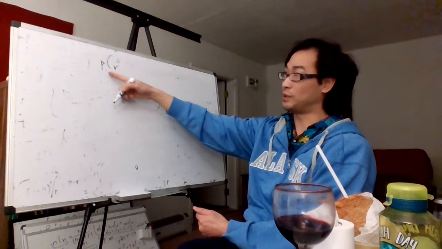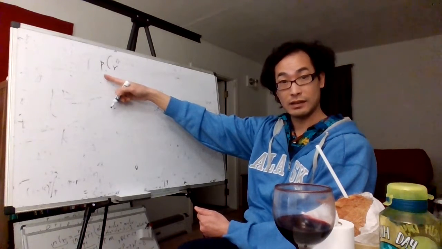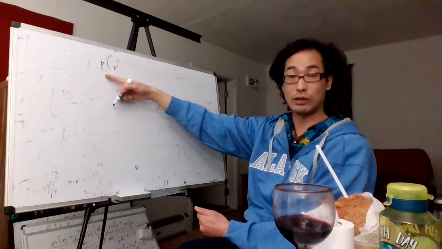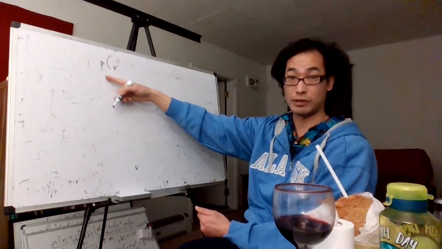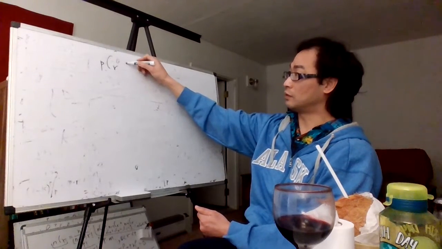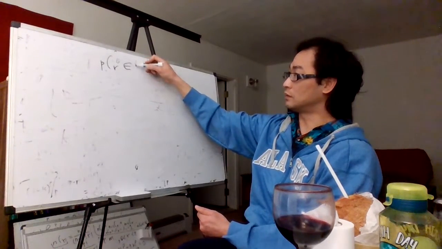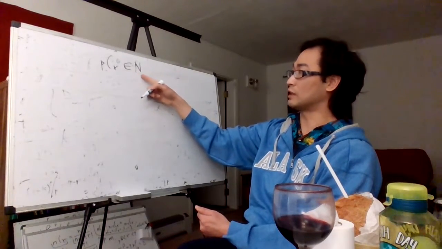Why? Because P is a subset of N. The set of primes is a subset of the set of all natural numbers, right? Positive integers. Okay. So we know this is a natural number. It belongs to the set of natural numbers.